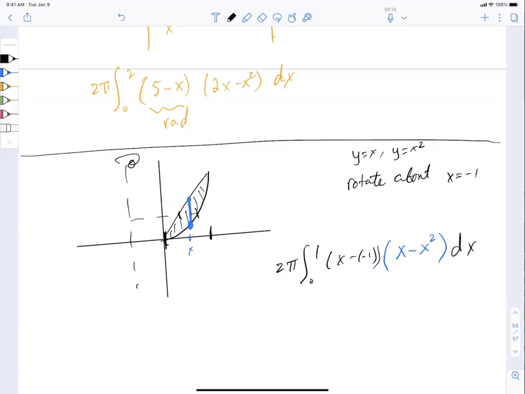So sometimes for your cylindrical shells, you have two different forms, two different heights that you have to subtract to get the height of your piece. And of course, for this one, you foil it and simplify it as much as you can before integrating.